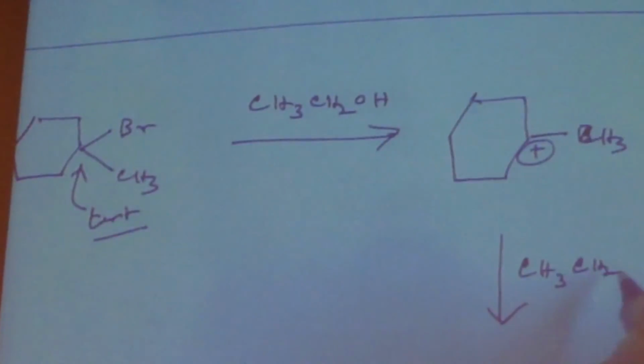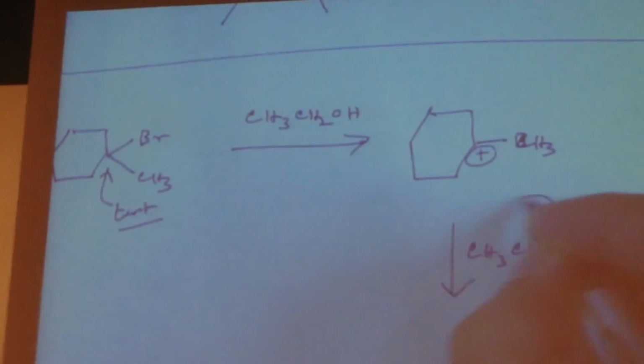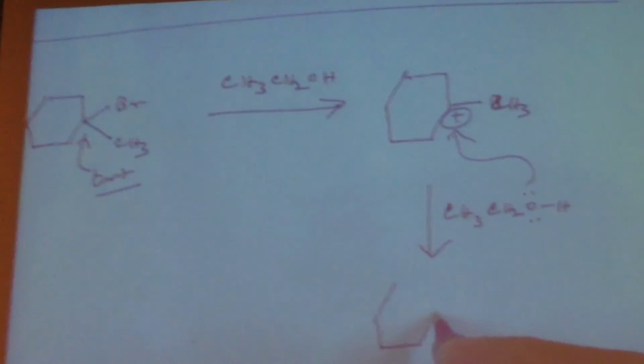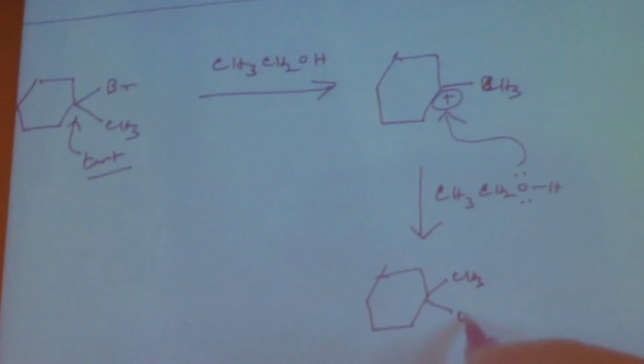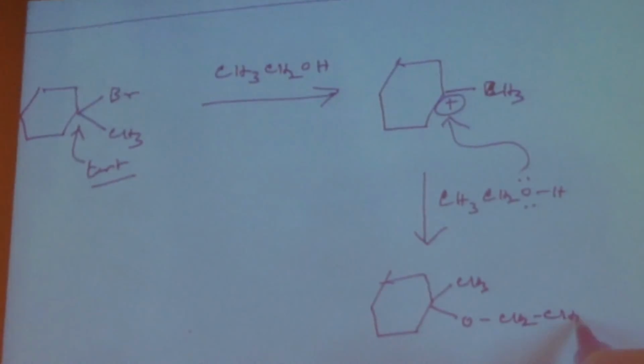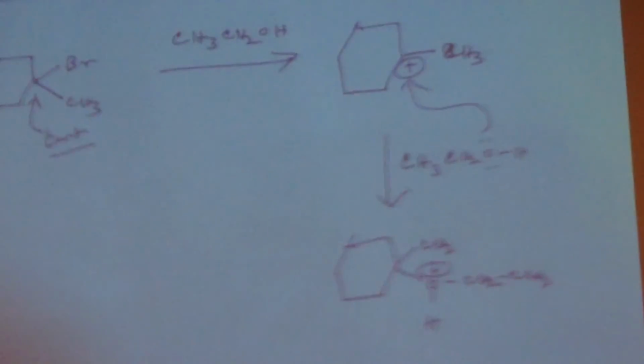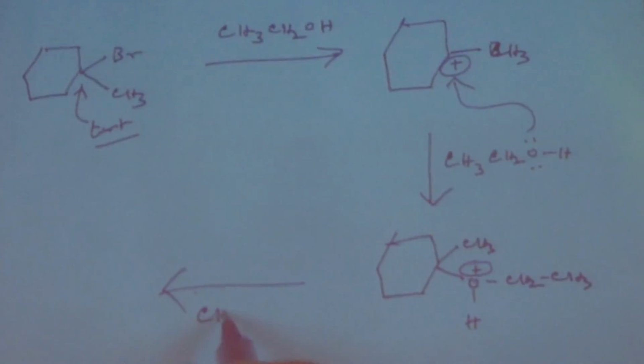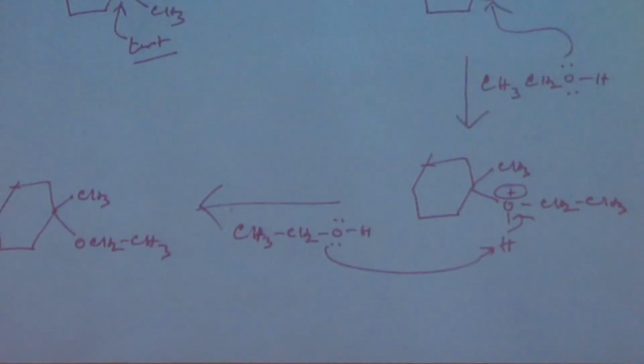In the second step, you would expect ethanol to attack and form this, which reacts with another molecule of ethanol, giving you the final product. So that would be the expected step-by-step process.